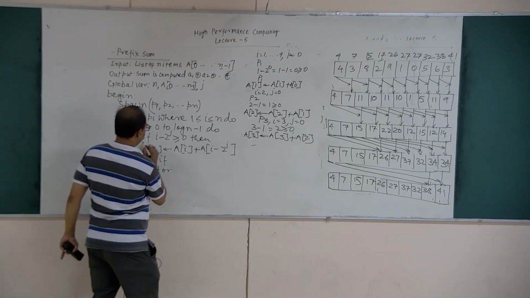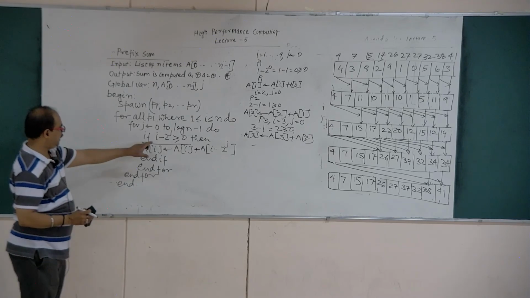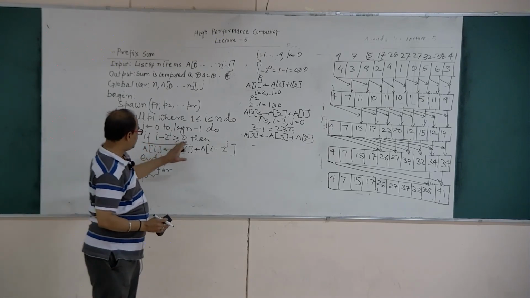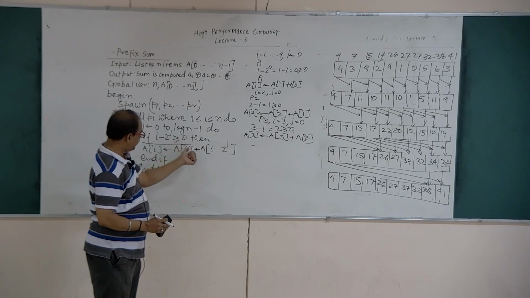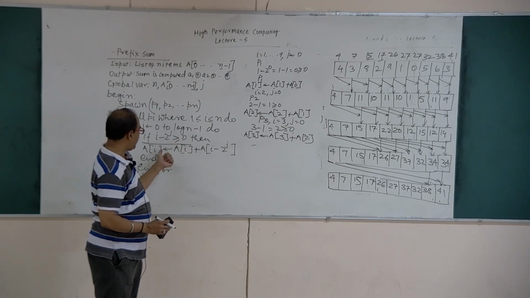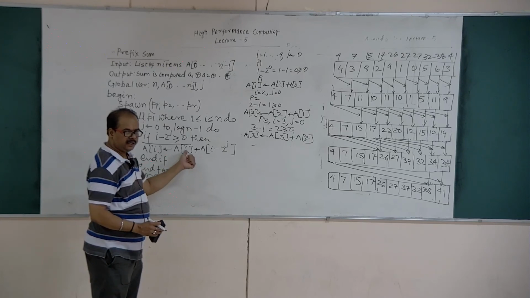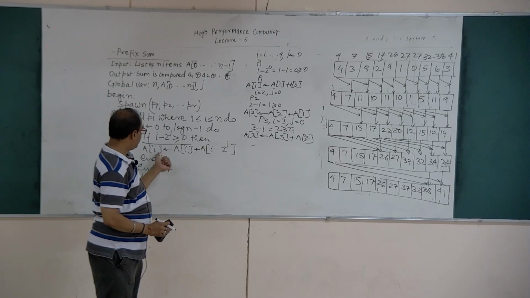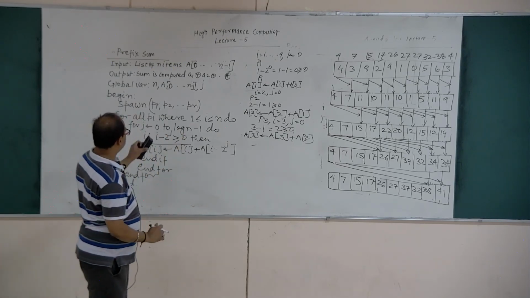So this is the important concept: here we compare i minus 2^j with 0, and if it is greater than 0, then we add at location A(i) the value A(i) plus A(i minus 2 to the power j). This is for the first iteration.